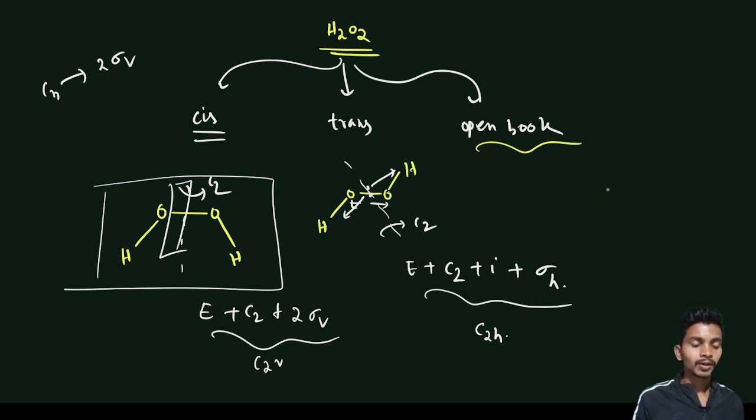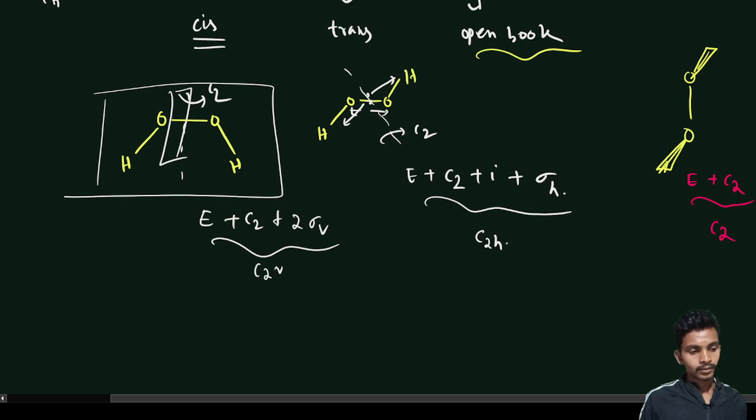And all the open book structures will be like this. So in these molecules, if we rotate, then C2 is there, so E is there, C2 is there, and any others, I think this much, so this is C2.